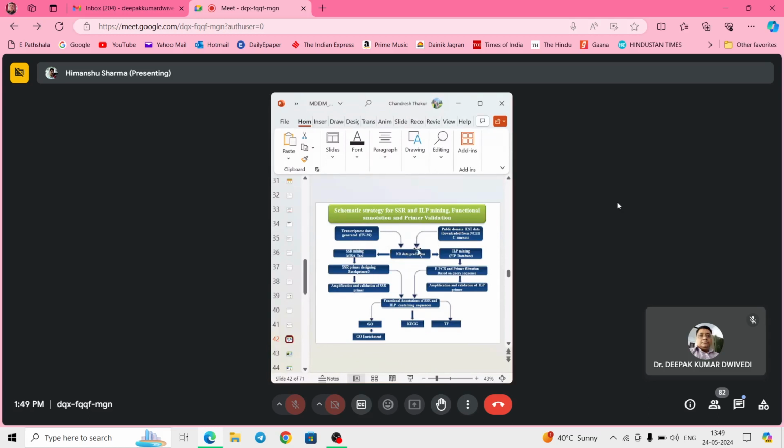Then we pooled all the data and mined the SSR markers, and from the other side mined the intron targeted markers. Then we used these markers for amplification and validation in different tea plants, and after that we have done the gene ontology. So gene ontology is the functional characterization of the marker containing sequences.